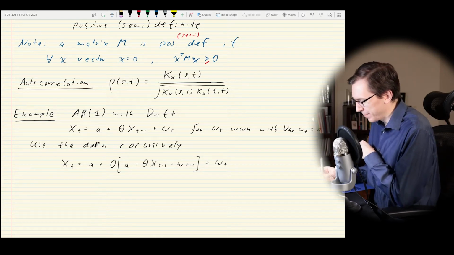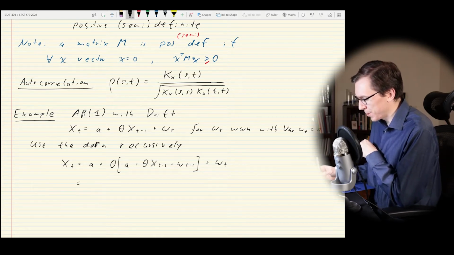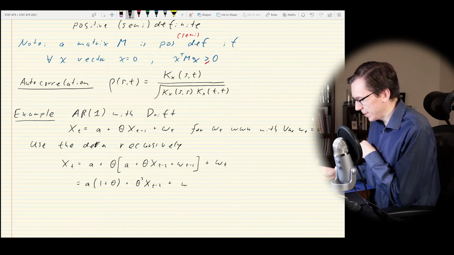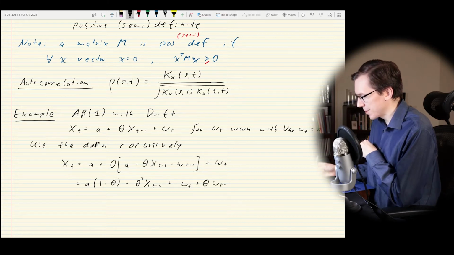And then when we move the terms around, we're going to get something that looks like a times (1 plus theta), plus theta squared x_{t-2}, and then we're going to get w_t plus theta w_{t-1}.